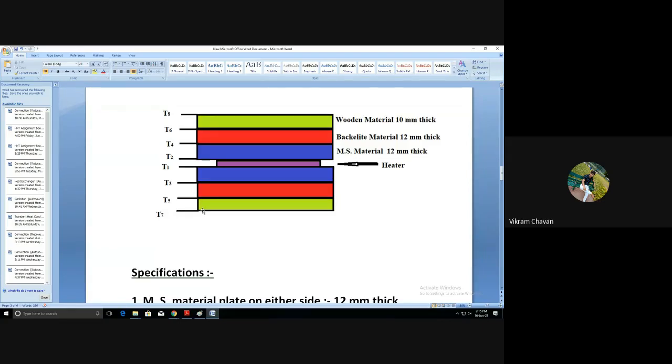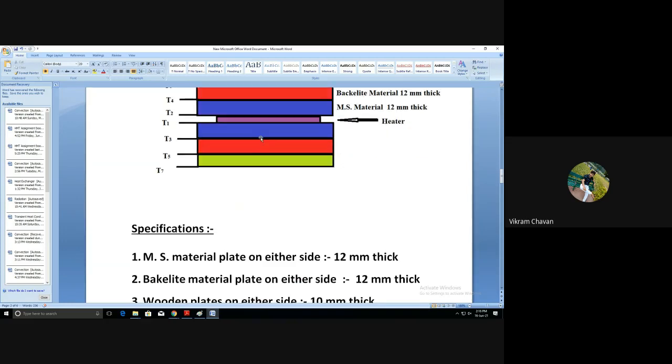After the wooden plate, the T7 thermocouple is placed, which will measure the end temperature of the wall. Similarly, in the upward direction, the T8 thermocouple is placed centrally after the wooden plate, which will also measure the end temperature of the upper side composite wall.